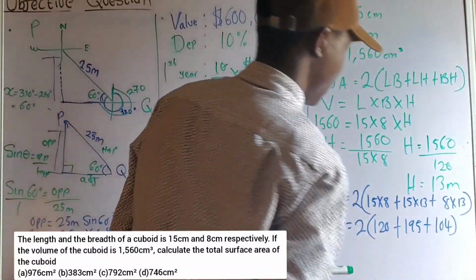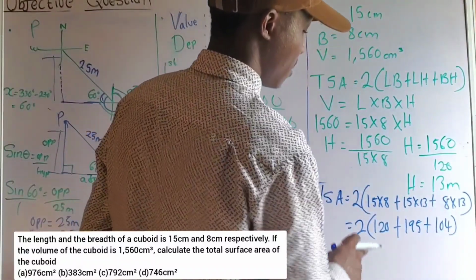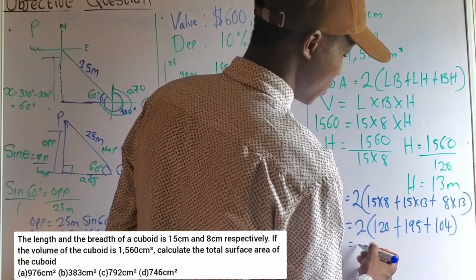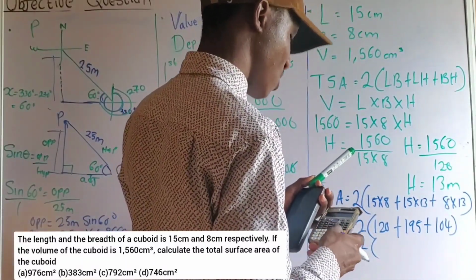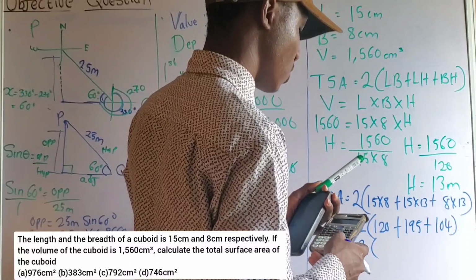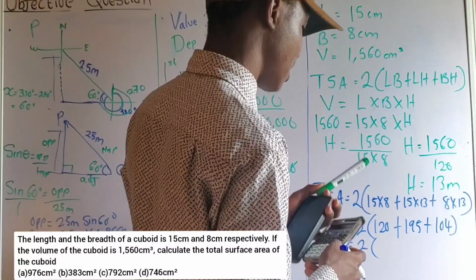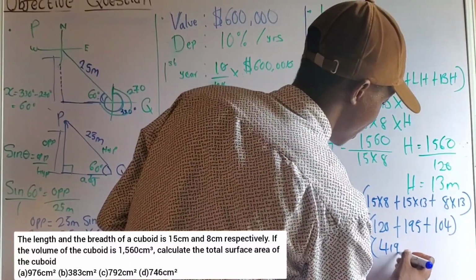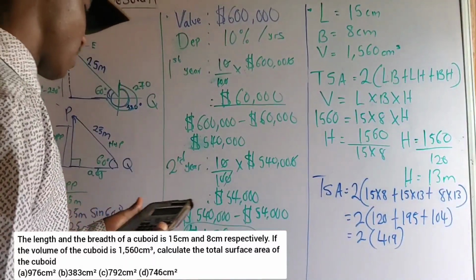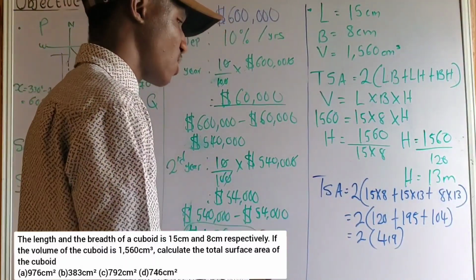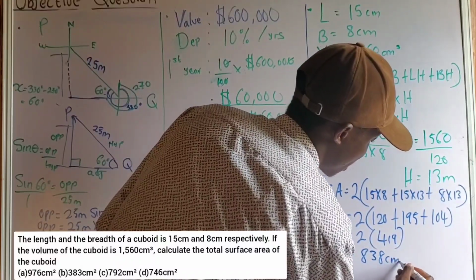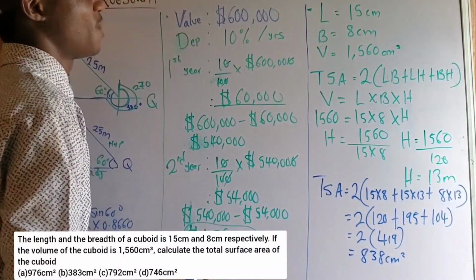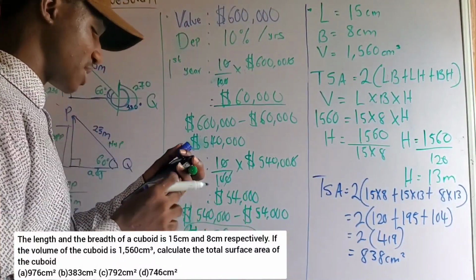Now, please pay attention. 2 multiplied by 120 plus 195 plus 104, that is 419. Okay. 2 times 419, that is 838 centimeter squared. So that is the total surface area of the cuboid.